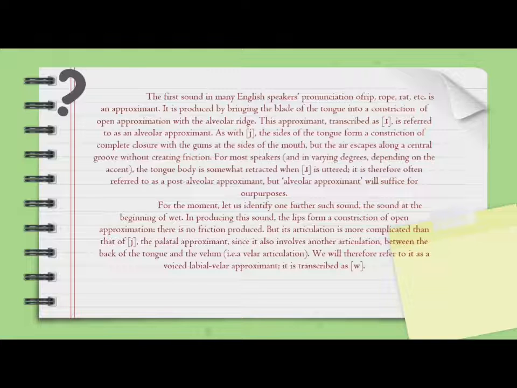As with j, the sides of the tongue form a constriction of complete closure with the gums at the side of the mouth, but the air escapes along a central groove without creating friction.